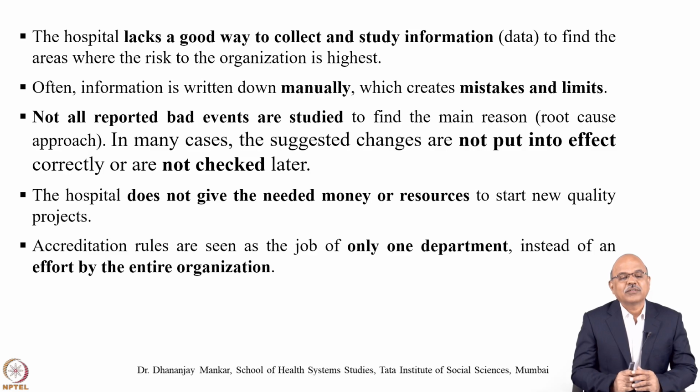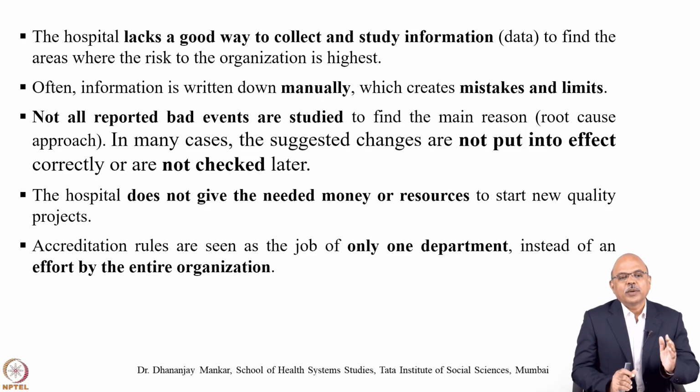The hospital lacks a good way to collect and study information. The information is the data to find out the areas where the risk is the highest. Often, information is written down manually. Most hospitals deal with the issue that they work manually, which creates a lot of mistakes, and there are limitations for that.